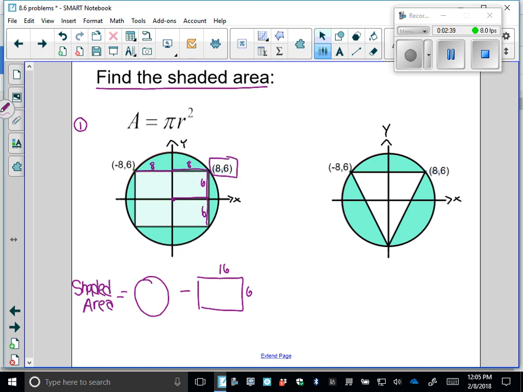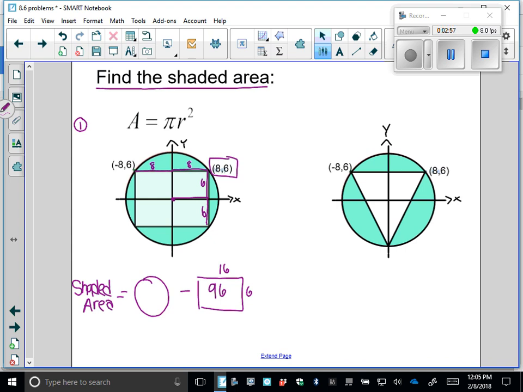So I can find the area of the rectangle pretty easily. 6 times 16 is 96 square units. But to figure out the area of the circle, I need the radius.